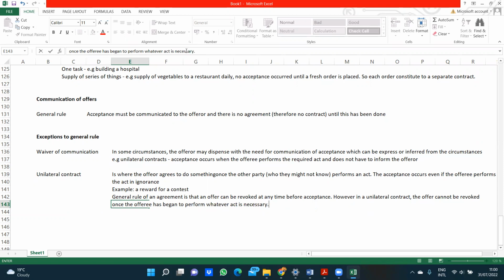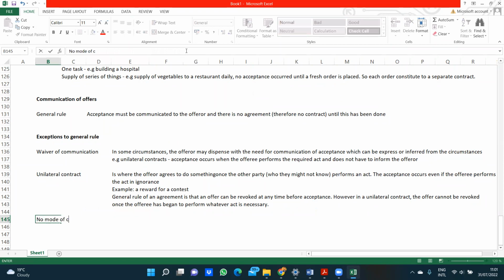What it means is that, as we discussed earlier, an acceptance can be by oral, by written, or sometimes it can also be by gesture, by behavior. But here, when the offeree starts doing the work, all right, they have automatically entered into a contract without informing that they have accepted to enter the contract.